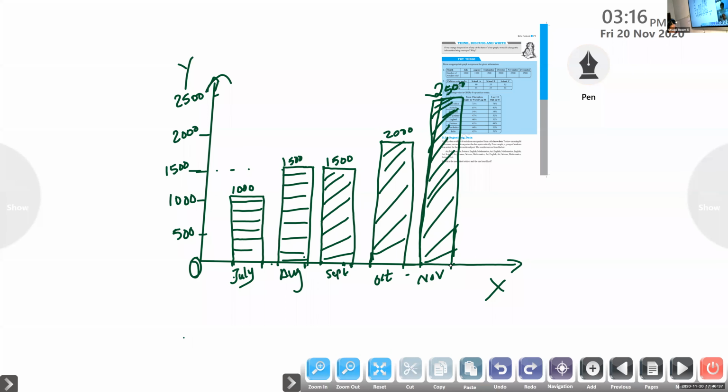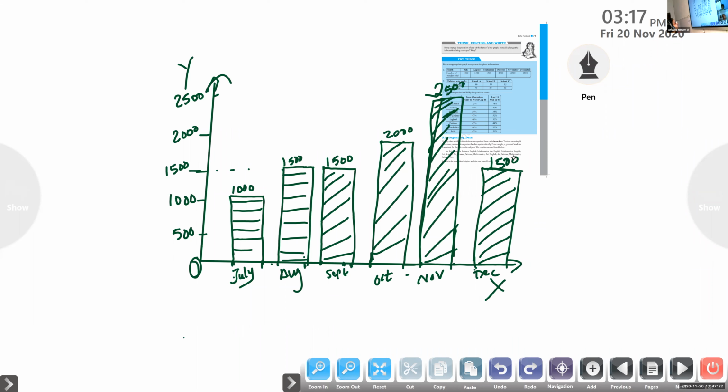December, December 1500 again. December 1500.